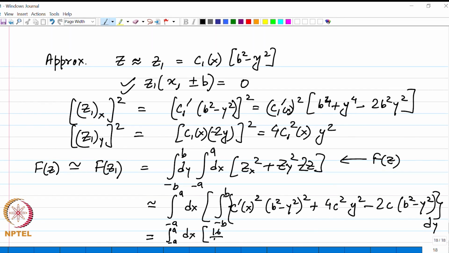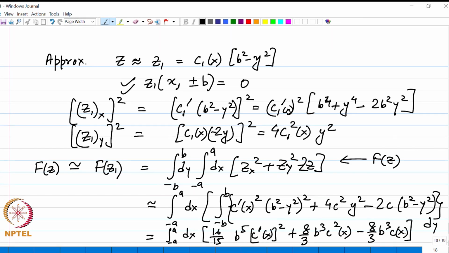We get a polynomial in terms of x: 16 by 15 b^5 c prime of x square plus 8 by 3 b cube c square of x minus 8 by 3 b cube c of x, and this is the integral with respect to the variable x. Now we have reduced our two variable functional into a one variable functional, the variable being x.